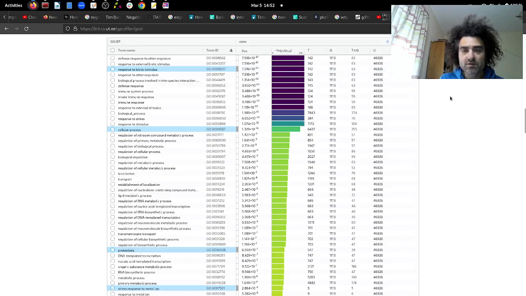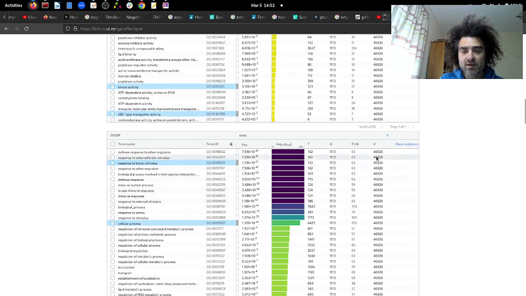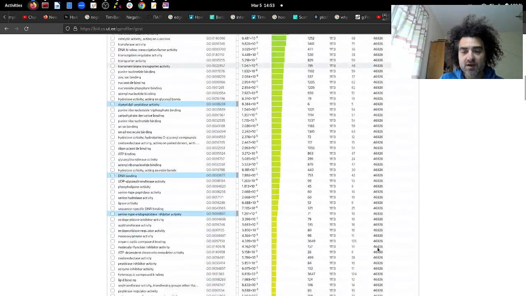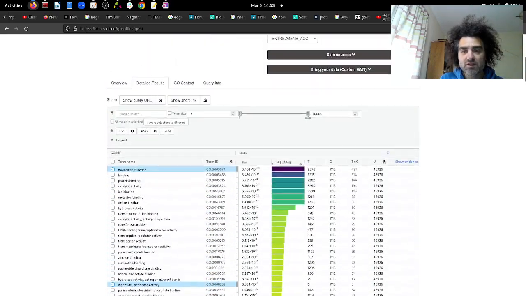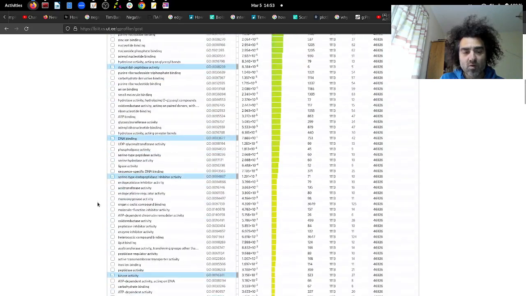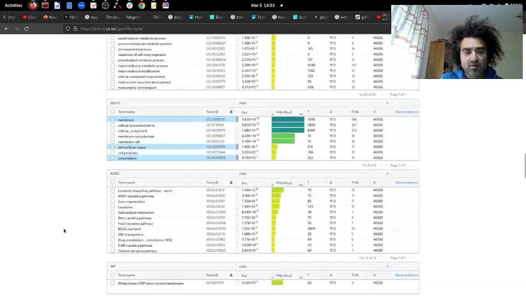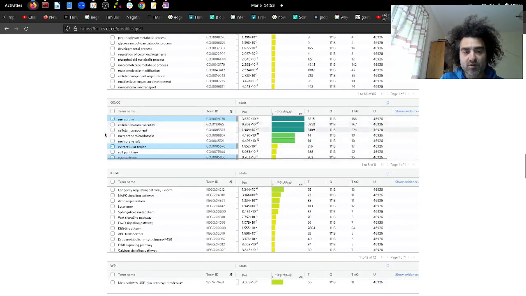Now the default, so here I have used as a U set, the universe, the total number of genes, and that's why you see that this number is the same everywhere. However, what's happening is that not all genes in this organism have an annotation related to molecular function or to biological process or to cellular component and so on.